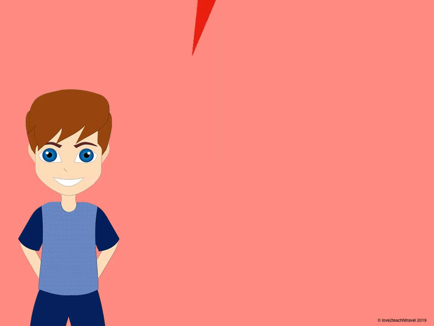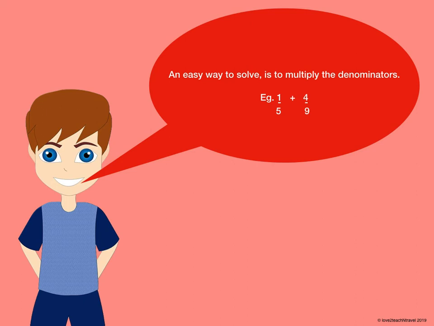So an easy way to solve this is to multiply the denominators. So 5 times 9 will give us 45.